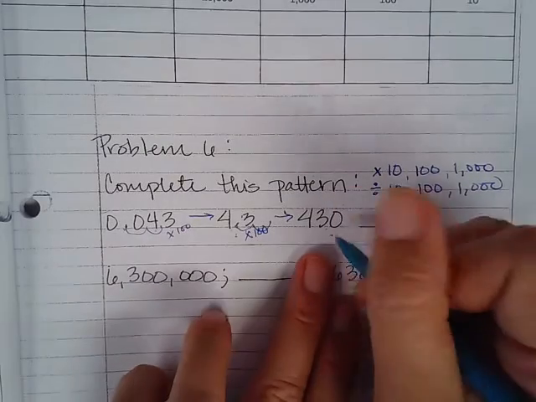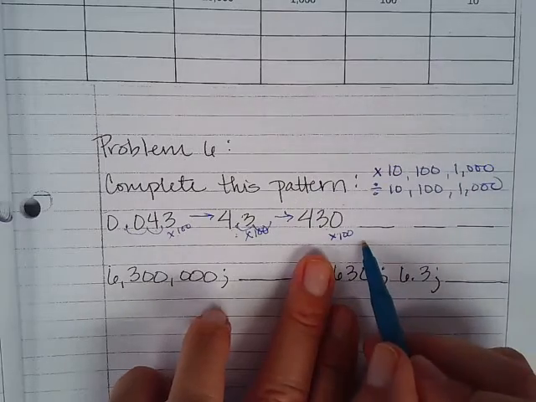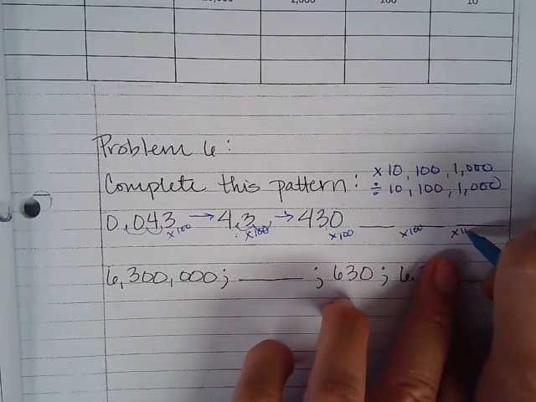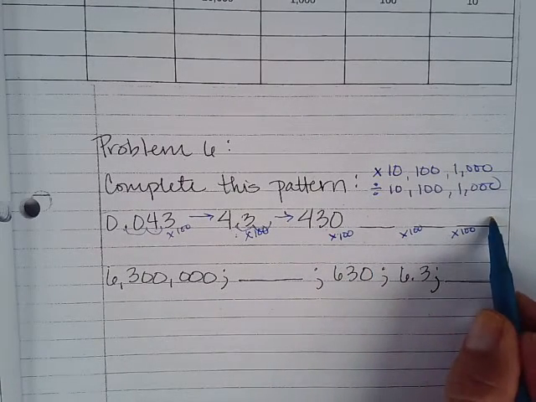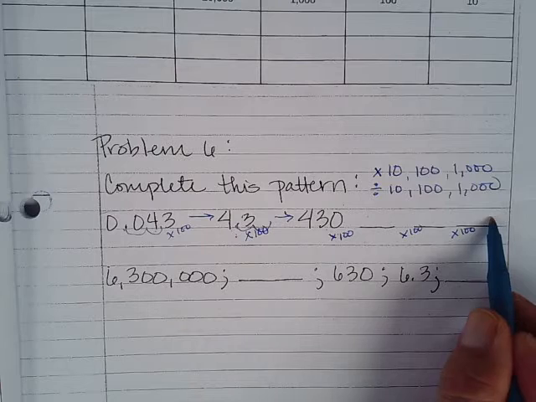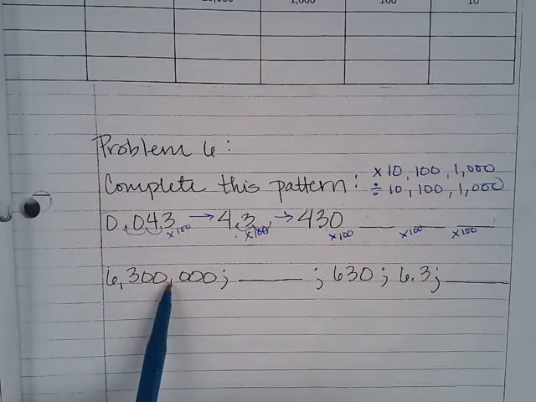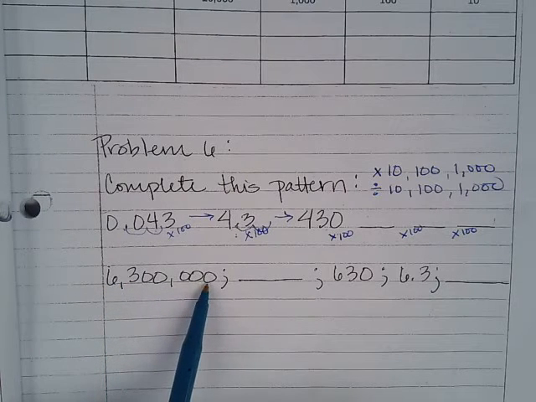So what if I continue this same pattern? That's what this is asking you to do, is to continue the pattern and get the next numbers. Yes? Now, this one right here, I'm starting with 6,300,000.